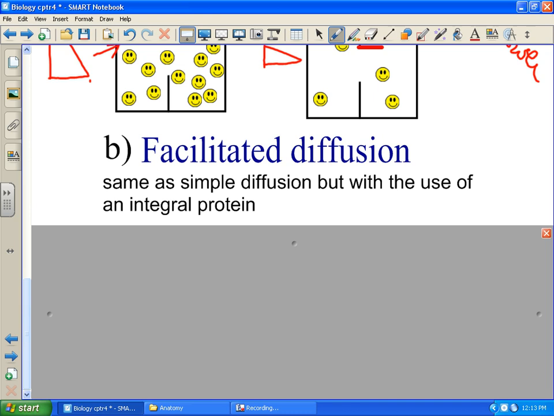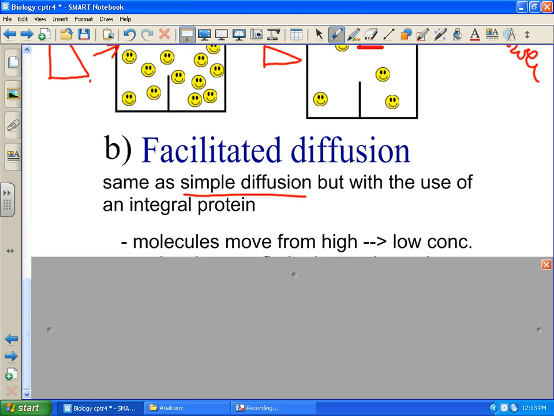Last one. Facilitated diffusion is the same as simple diffusion. So we're going to go from high to low along the gradient. We're going to go from where there's a lot of something to where there's not. But the difference here is we have to use an integral protein.